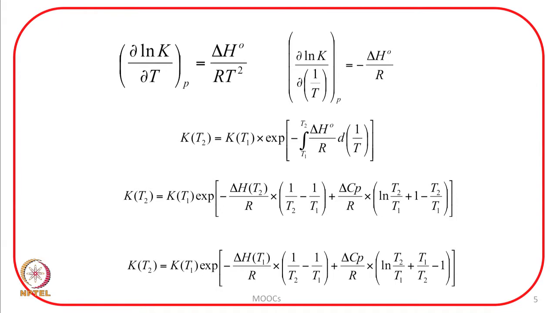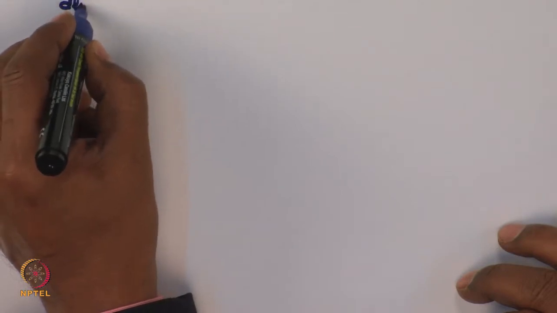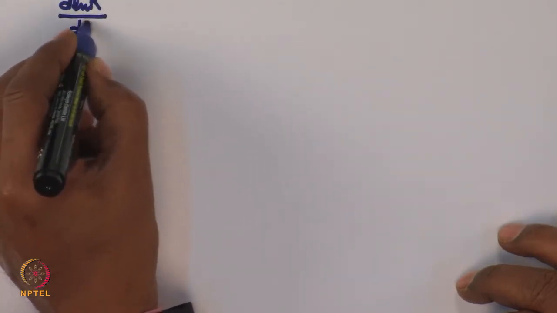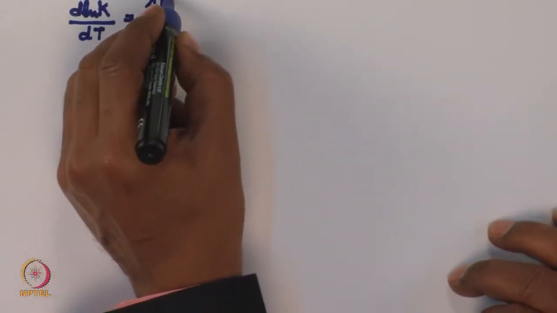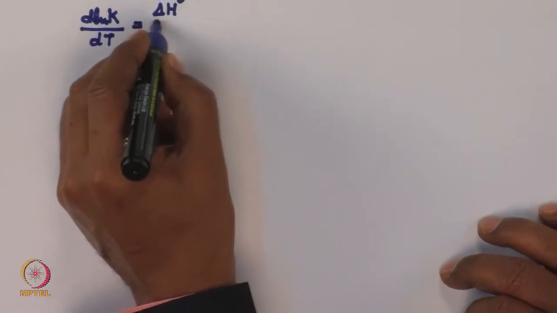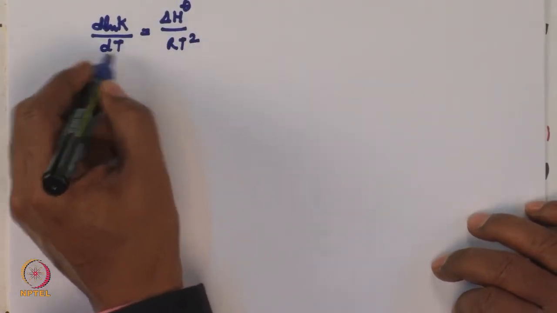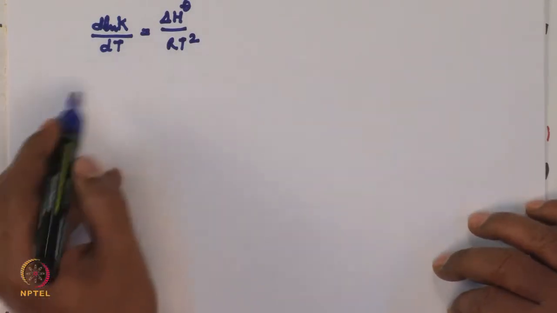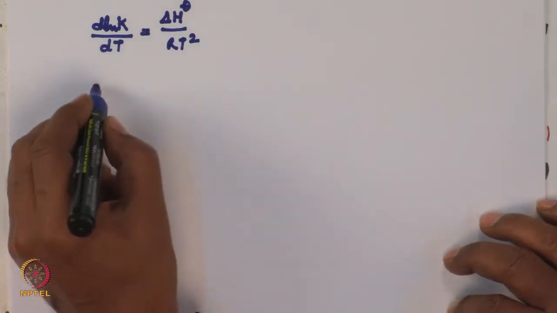Let us start with the Van 't Hoff equation, which is d log K by dT, of course at constant pressure, is delta H naught by RT square. Actually it is a partial derivative at constant pressure, but for the sake of integration I am just writing d log K by dT as delta H naught by RT square.